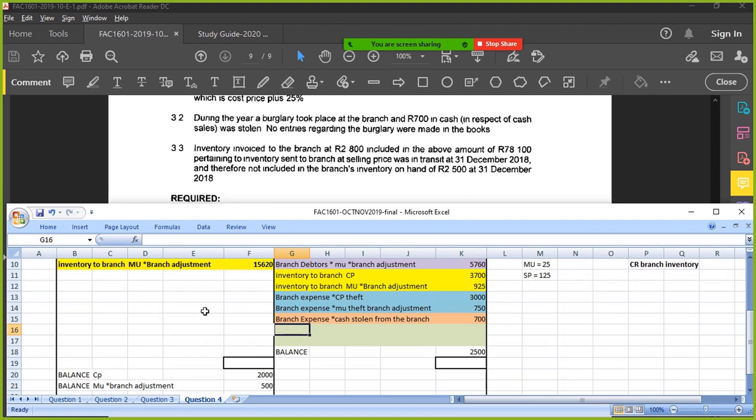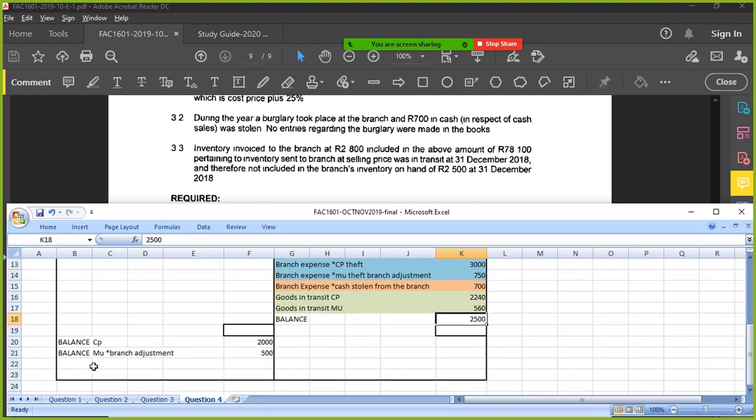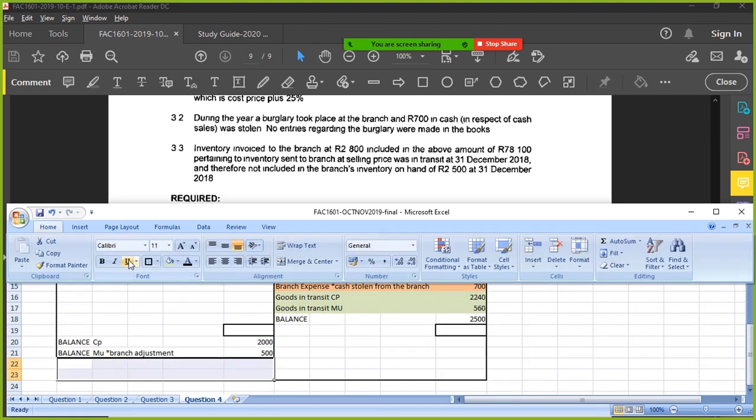I would have shown this as goods in transit, cost price, and then I would have shown goods in transit markup. And then you would have shown the 2,800. And then with the markup. And then they want you to show that here as well.